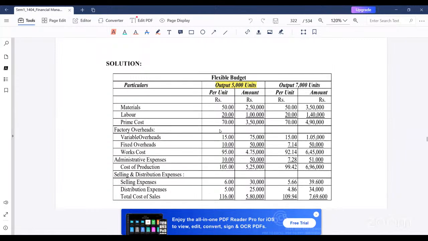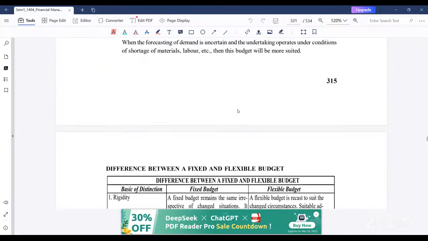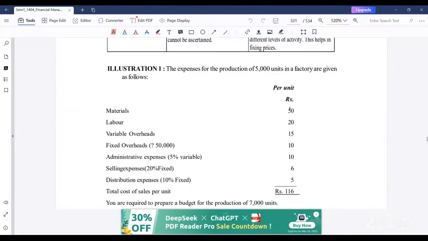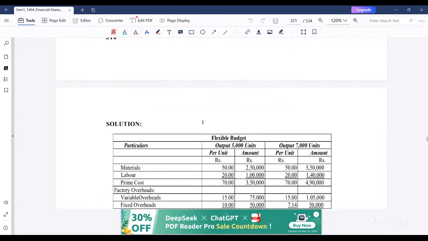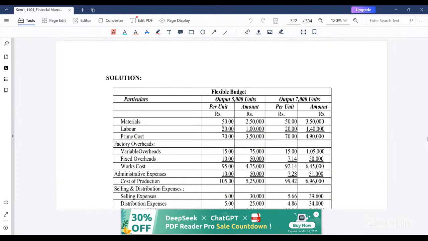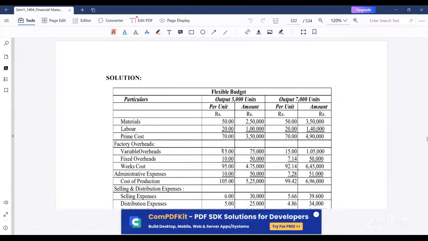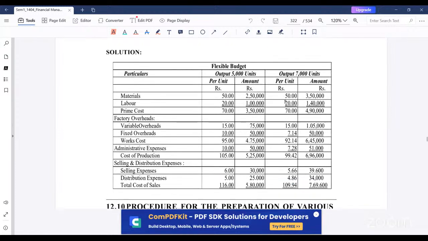These rates remain the same because only the units will change. So material 50, labor 20, variable 15. Here also for 7,000 units it remains material 50, labor 20 and variable 15.